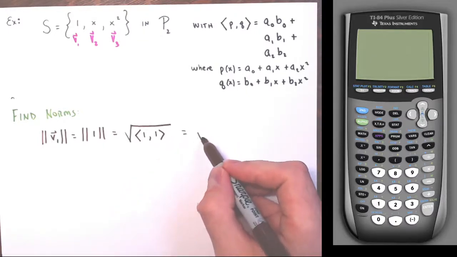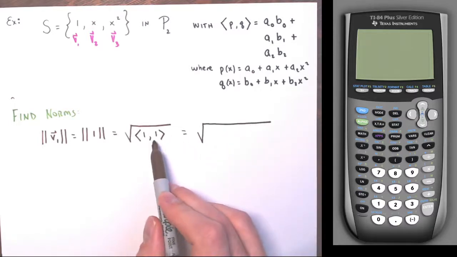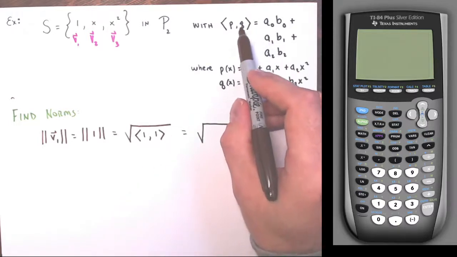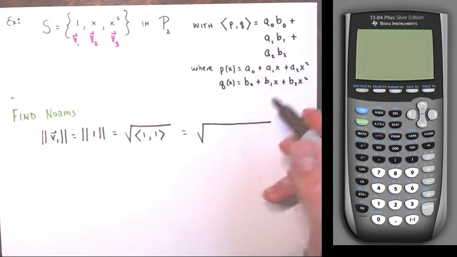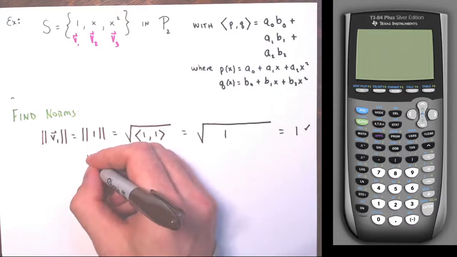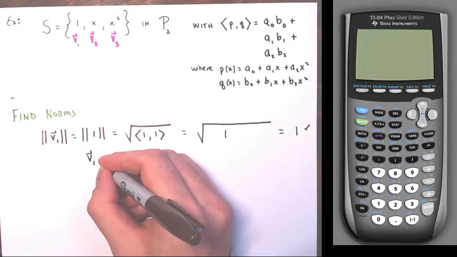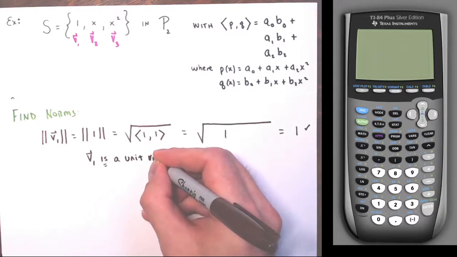So this would be the square root of the inner product of 1 with 1. Well, the inner product of 1 with 1 would be 1 times 1 plus 0 times 0 plus 0 times 0. So that's just the square root of 1, which is 1. Hey, so far so good. The first vector is a unit vector. It has a norm of 1.